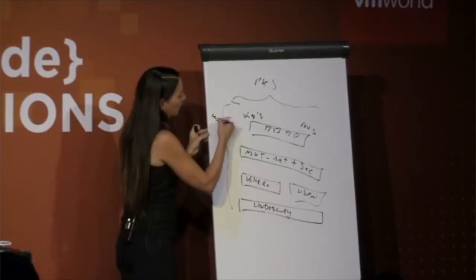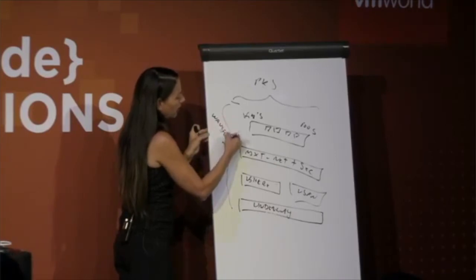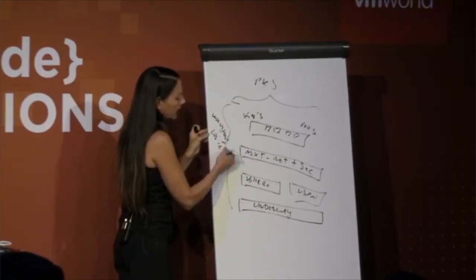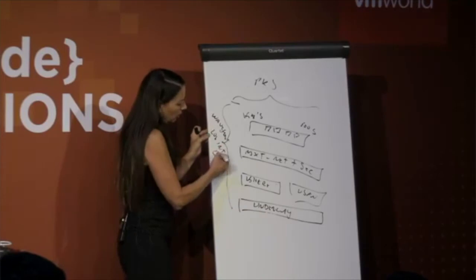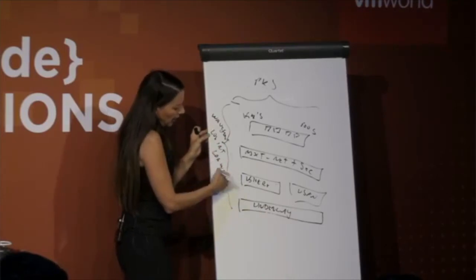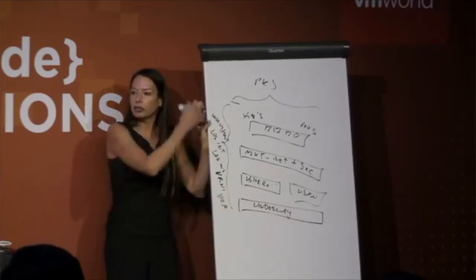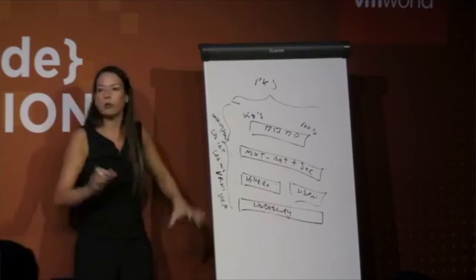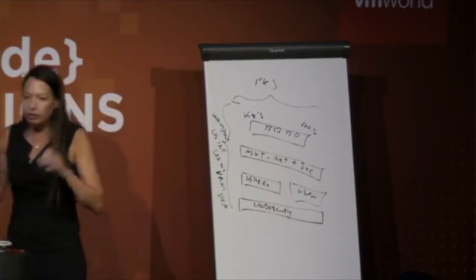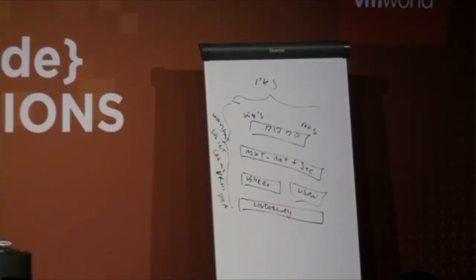So I'll put a couple here: Wavefront, Log Intelligence, which is new, Log Insight, and then vRNI, and of course we also have vRA in there. So those are the tools. This gives you a big picture, just to give you an idea of what's actually going on.